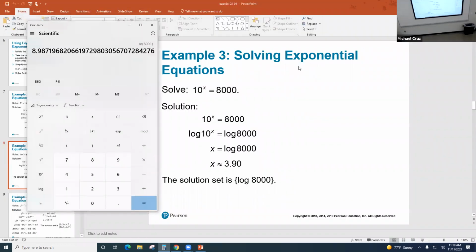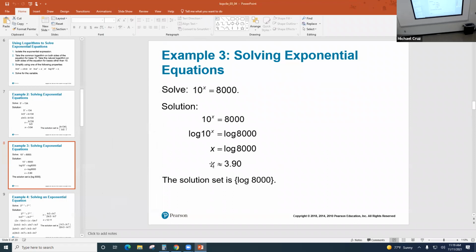This is what we call an irrational number, so it has to be approximated to something. So watch what your MyMathLab asks you to approximate as. The way you get an approximation is you have to name a decimal place to which you want to round it.